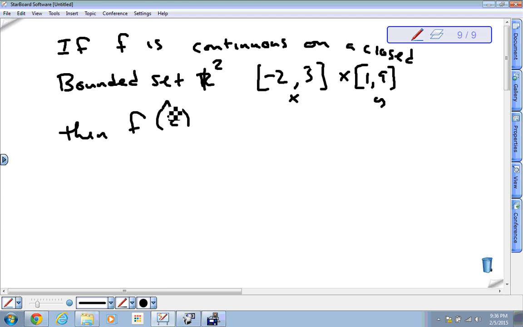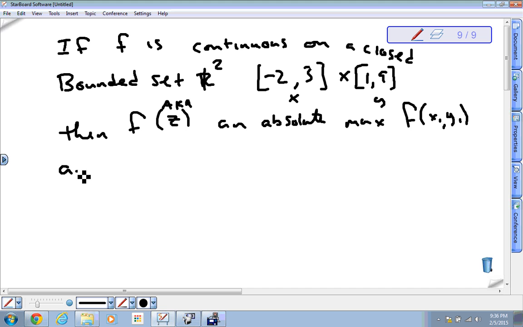AKA, your function attains an absolute maximum f of x1, y1 and an absolute minimum f of x2, y2, right?